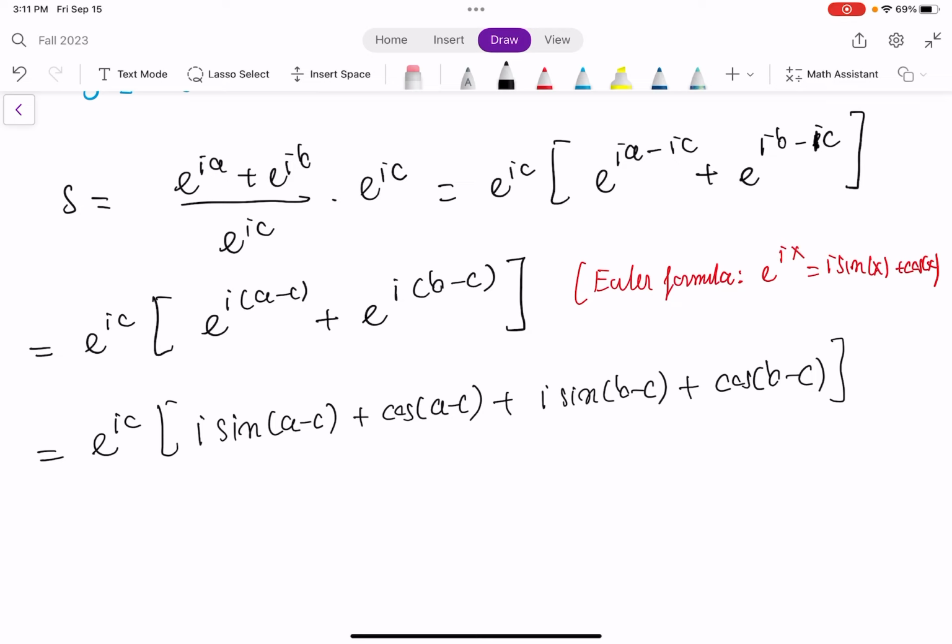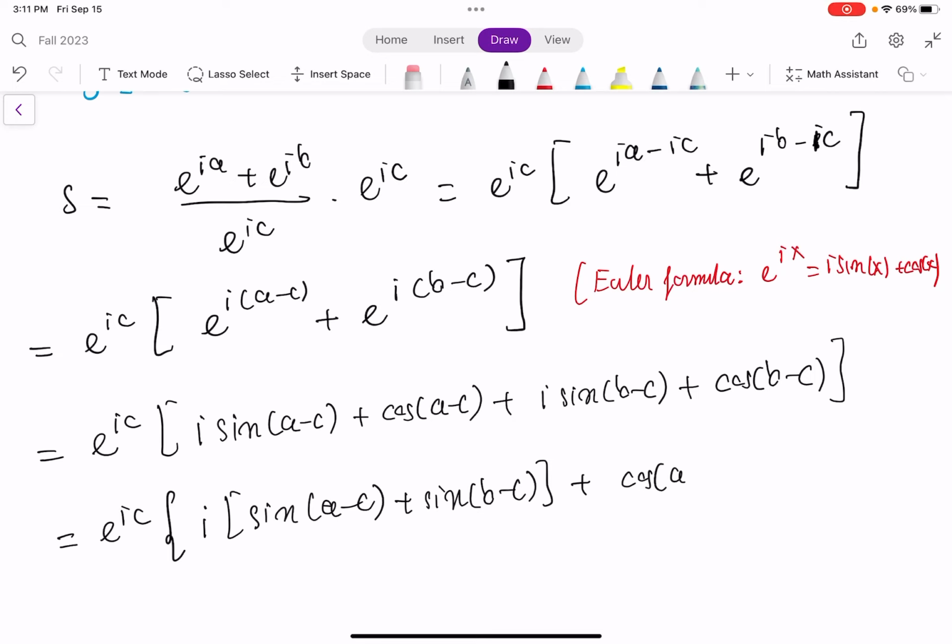Now I want to regroup it. So I get e to the power ic times i times sine(a minus c) plus sine(b minus c), plus cosine(a minus c) plus cosine(b minus c). So what do I want?